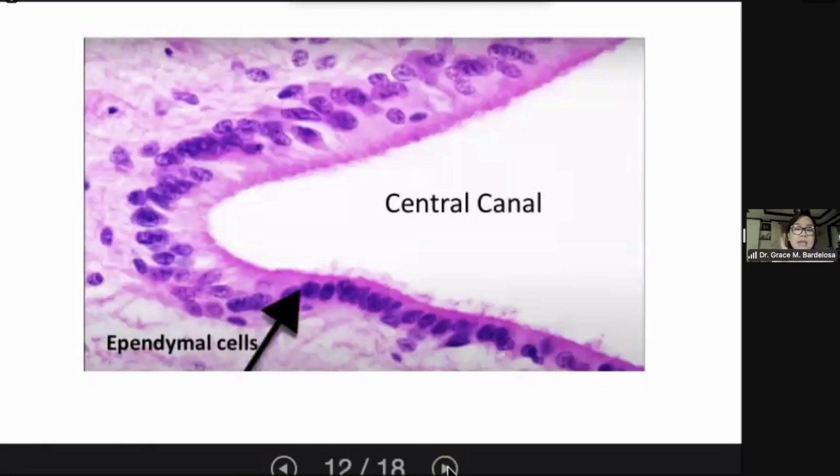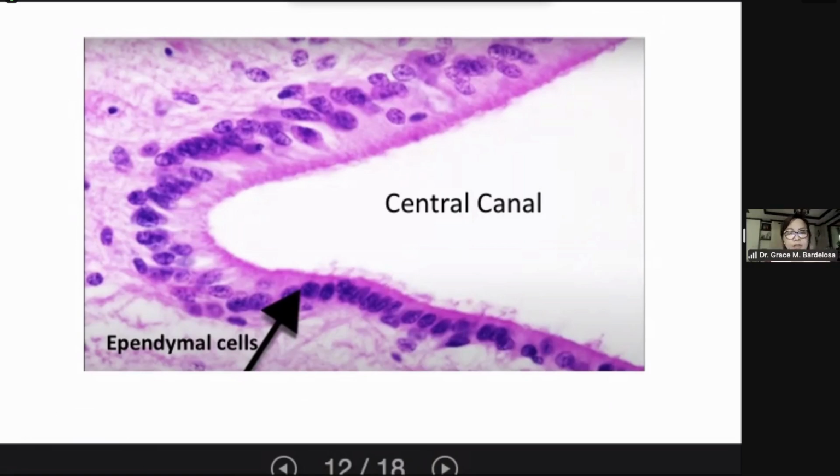The central canal is lined with a single layer of cuboidal to columnar cells. I said cuboidal to columnar cells. I did not say a single layer of cuboidal to columnar epithelium. No, these are glial cells. And remember, class, glial cells are not classified as epithelial tissue.